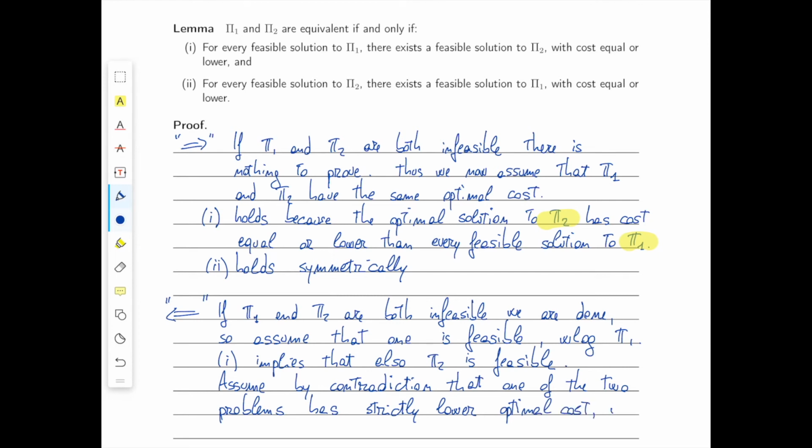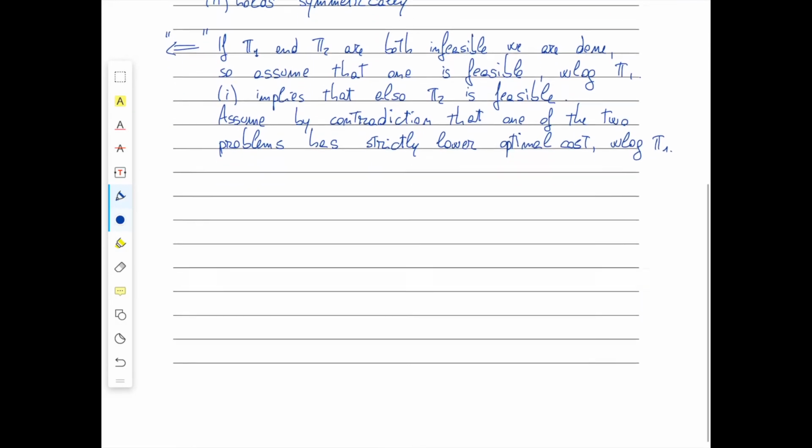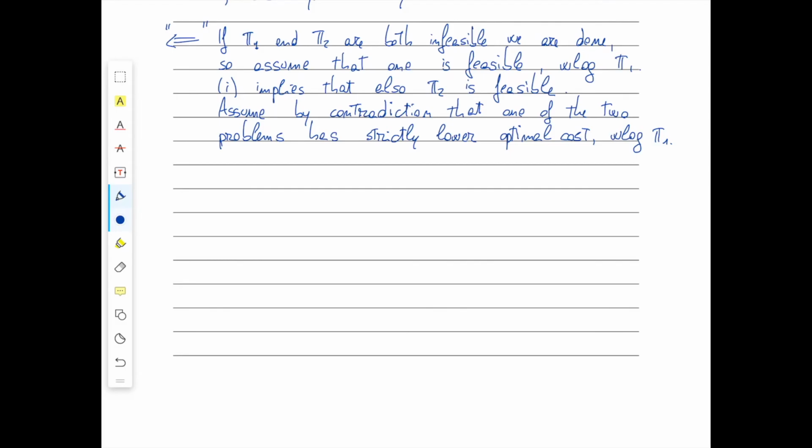Again, without loss of generality, we can assume that it is pi1. This means that there exists a feasible solution to pi1 that is strictly better than any feasible solution to pi2. Then there exists, let's say, x star feasible to pi1 with cost strictly lower than any feasible solution to pi2.